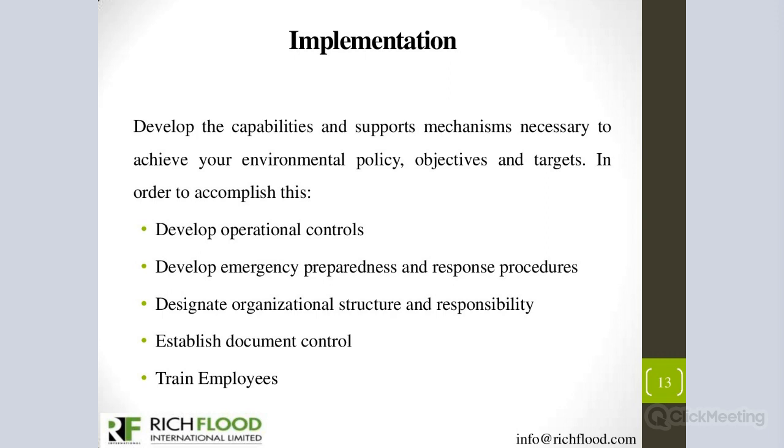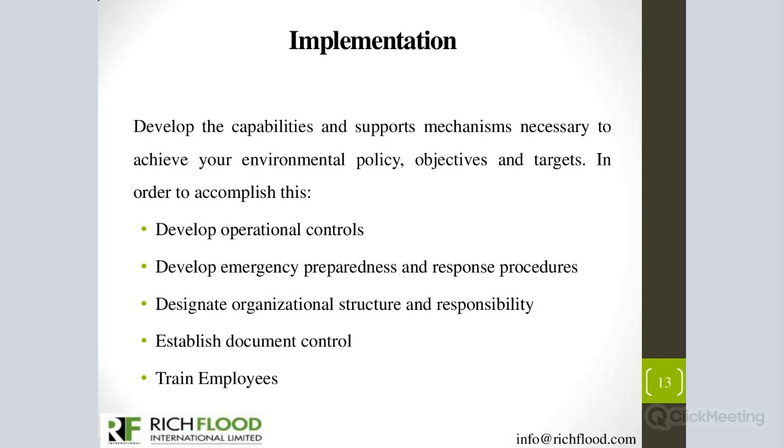Certain operations and activities must be controlled. Your next step at this stage is to develop an emergency preparedness and response procedure, followed by designating organizational structure and responsibility, establishing document control, and finally training of employees.